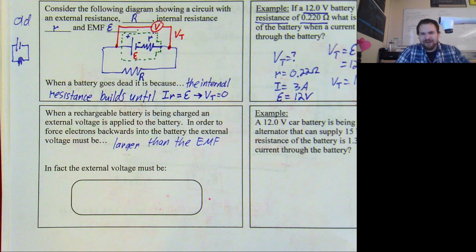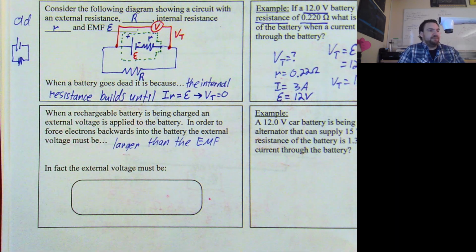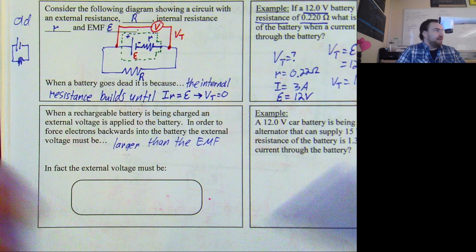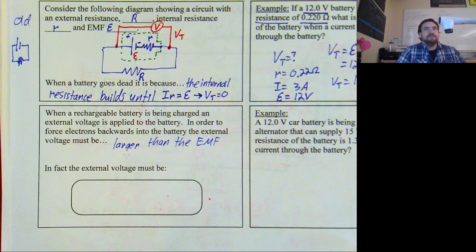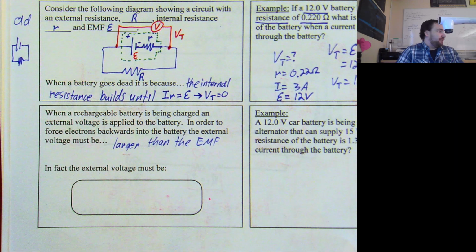Your standard AAs, AAAs, 9-volt batteries are 1.5 to 9 volts. Your car battery is a 12-volt battery. So the alternator in your car is going to have to be providing a larger voltage than the 12 volts the battery is supplying to make sure that your car battery stays charged.